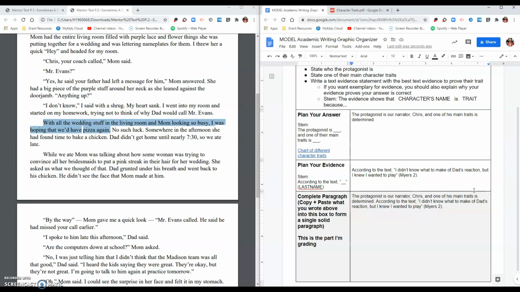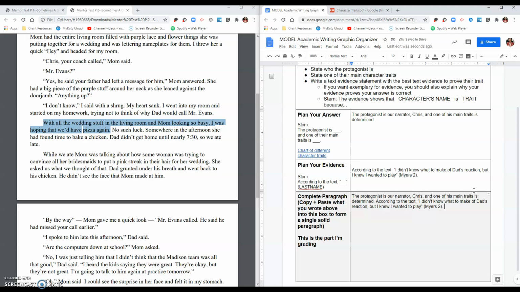But if you're wanting to go above and beyond, if you're looking for that exemplary spot, this is where you would add your explanation. So in order to get exemplary, you would have to explain how your text evidence best supports your answer.